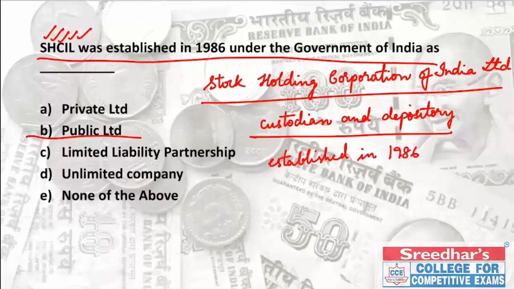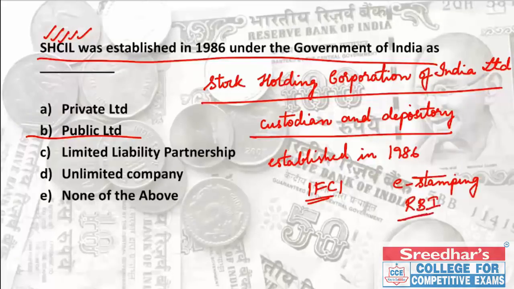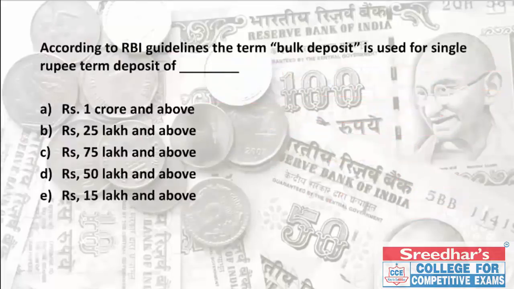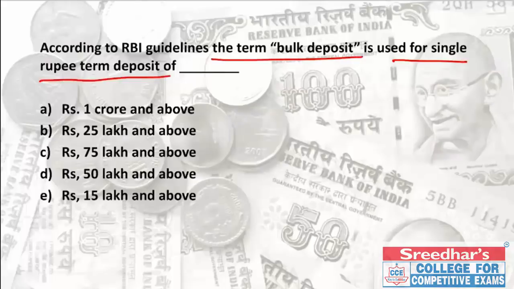It is a subsidiary of IFCI. So what does it do? It is an online trading portal for investors and traders, and it is responsible for the e-stamping system followed in the country. It is also authorized by RBI as an agency bank to distribute and receive Government of India savings or relief bonds.